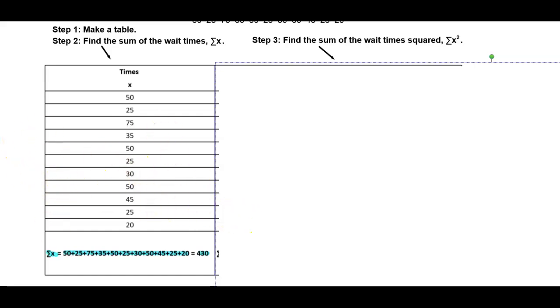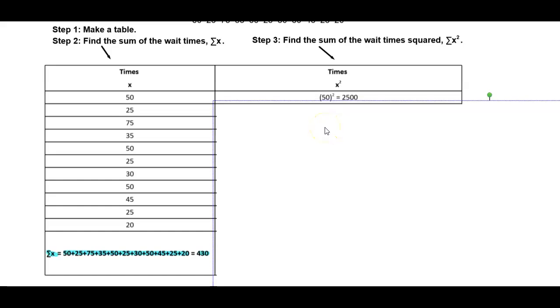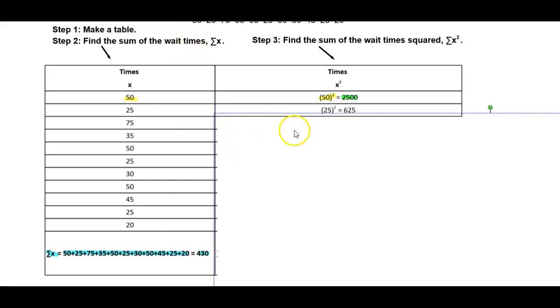Now, in step 3, we need to find the sum of the wait times squared, which means we take each value of x and then square it. So if we take the value of 50 and square it, we get 2,500. Likewise, if we take 25 and square that, we get 625.